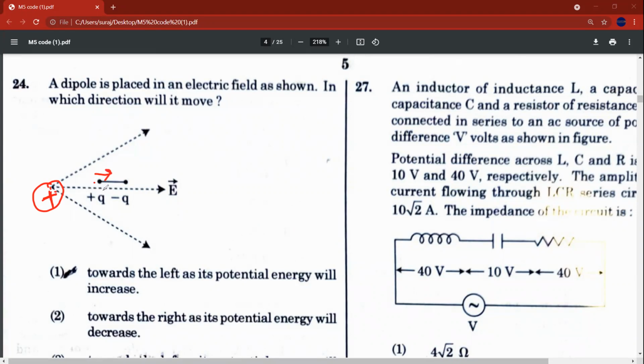That means the repulsive force is greater than the attractive force. So this whole thing will move this side, the dipole moves towards the right, and potential will decrease. Obviously, any system goes from higher potential to lower potential, and along the electric field, potential energy decreases, right? Potential energy decreases. Option 2 is correct.